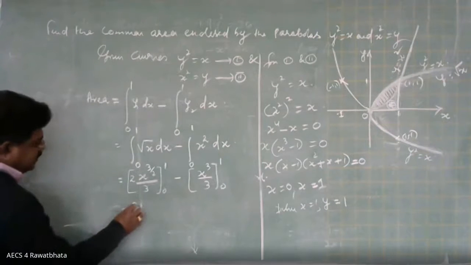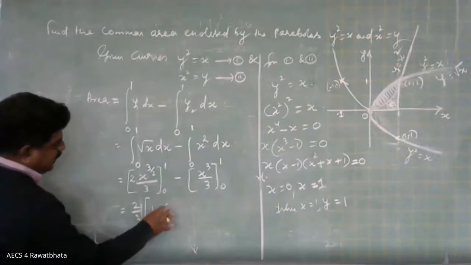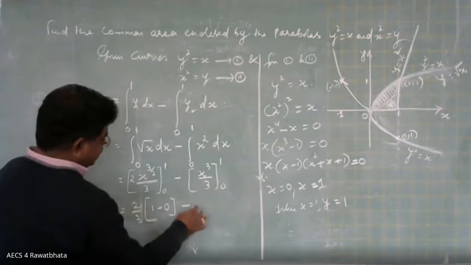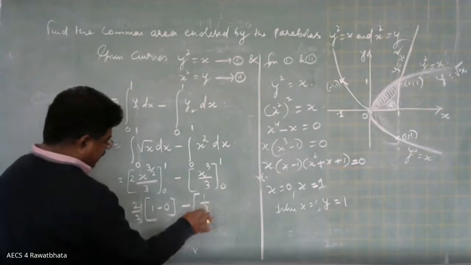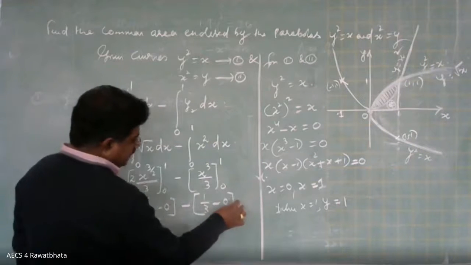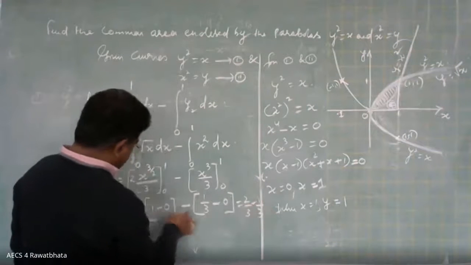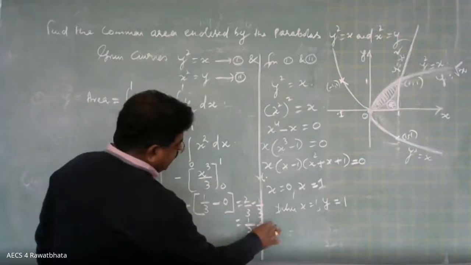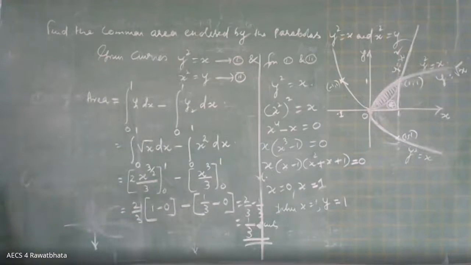So here this is 2 upon 3, upper limit 1 minus 0, correct, and minus of upper limit 1 by 3 minus 0. So that is equal to 2 by 3 minus 1 by 3, that is 1 upon 3 square units. Got it?